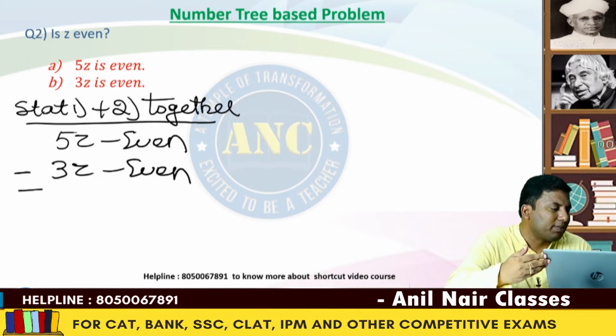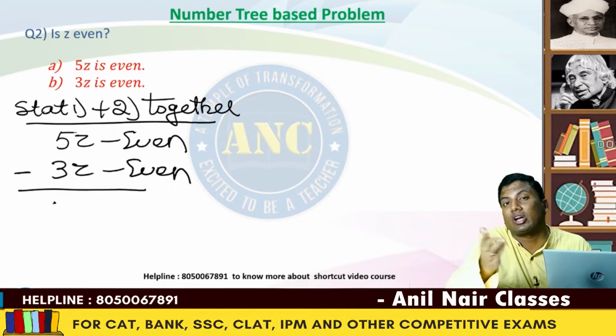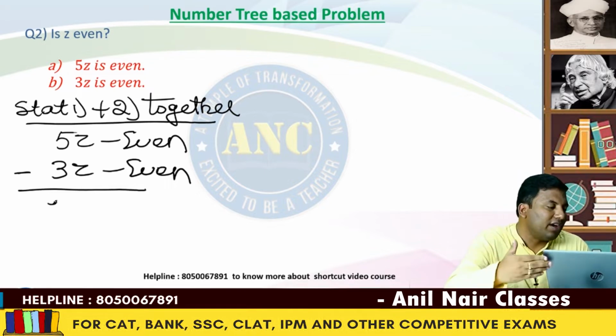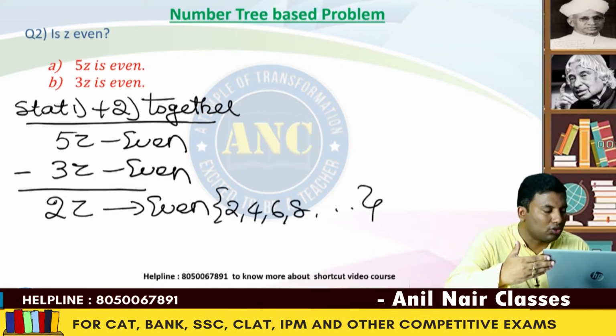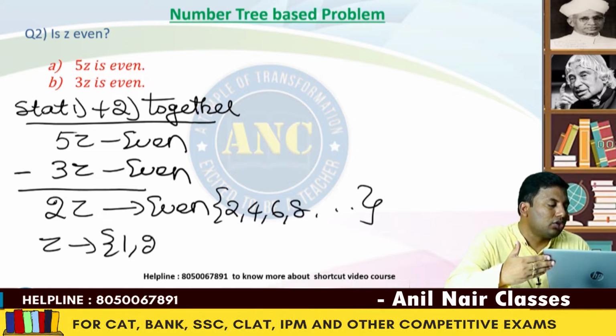I am doing subtraction; addition would not change the answer either, because we are interested in knowing the nature of z, not finding the value of z. 5z minus 3z is 2z. 2z is an even number, meaning 2, 4, 6 or 8 and so on. So z will be 1, 2, 3, 4 and so on.